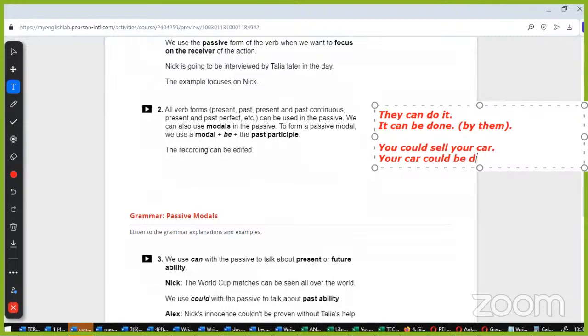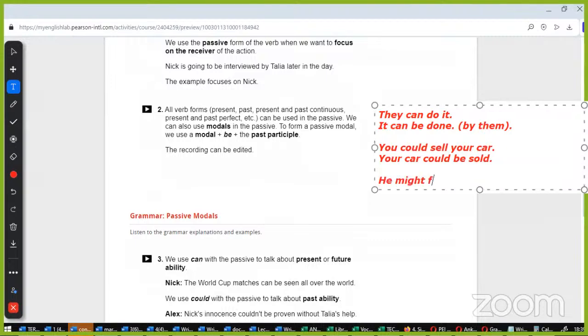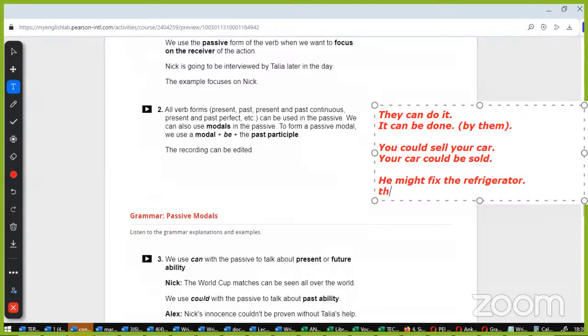Great. Yes. So, he might fix the refrigerator. The refrigerator might be fixed by him. Great.